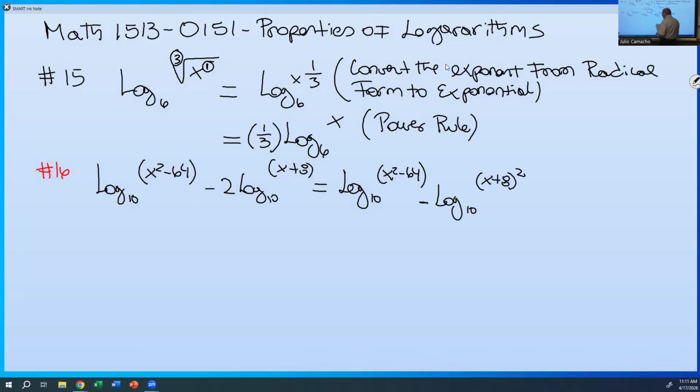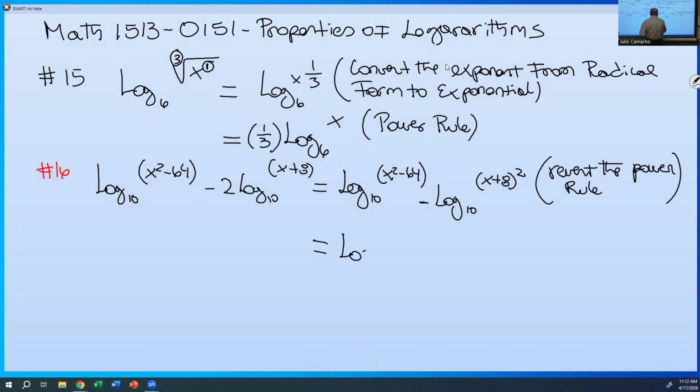Because now that we have reverted the power rule, let's try to revert also the quotient rule. If I do, I will write all these logarithmic expressions in one single expression.